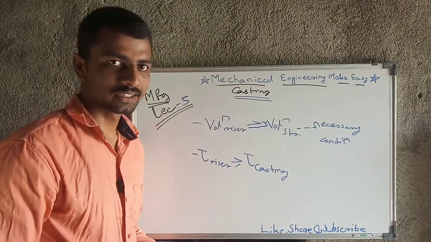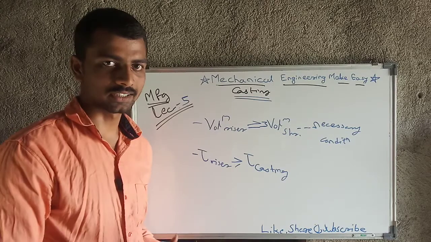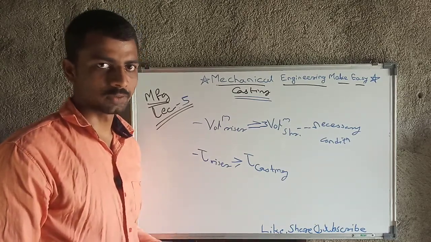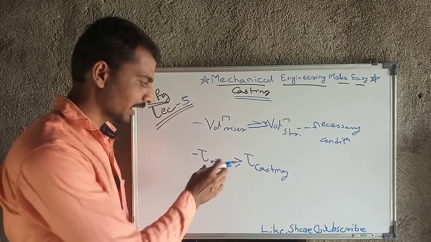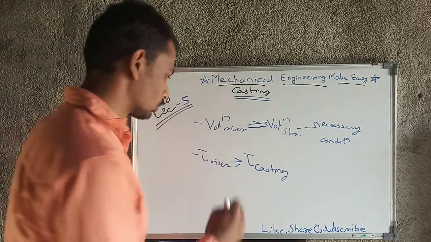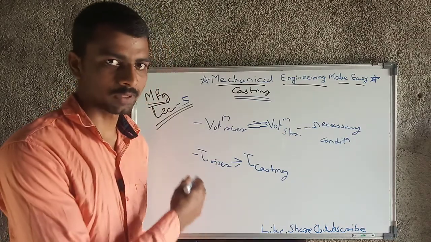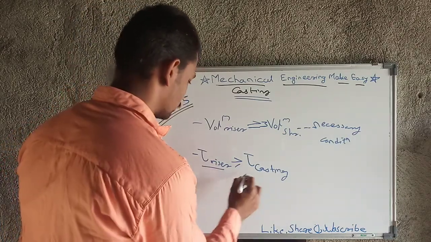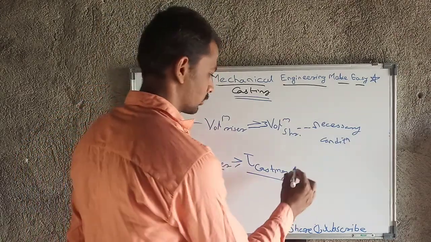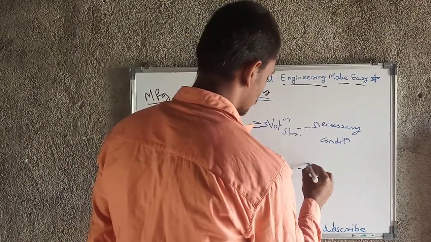To accumulate allowances like shrinkage. If too much contraction takes place because of solidification, then the riser is going to supply molten metal to that portion, so that function will not be satisfied in that case. That's why the solidification time of riser should be greater than or equal to the solidification time of casting, and this is the sufficient condition.